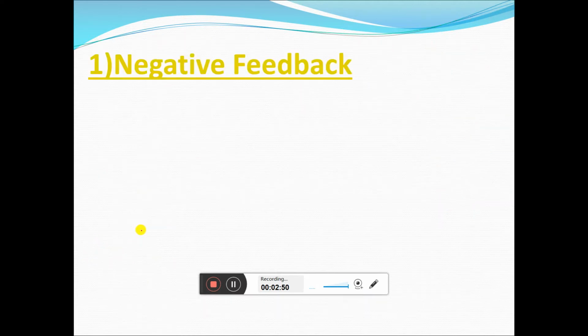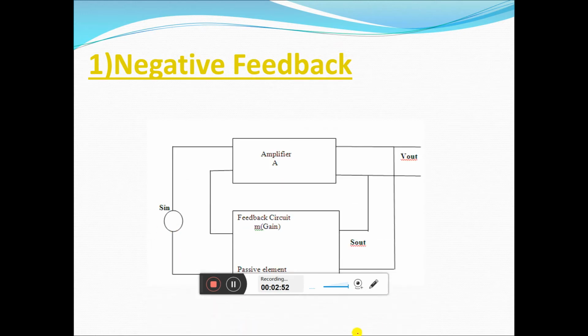So let us see negative feedback. As shown in the block diagram, this is the gain A of an amplifier, this is the input signal, and this is the output signal, which is taken to the feedback with feedback factor beta.